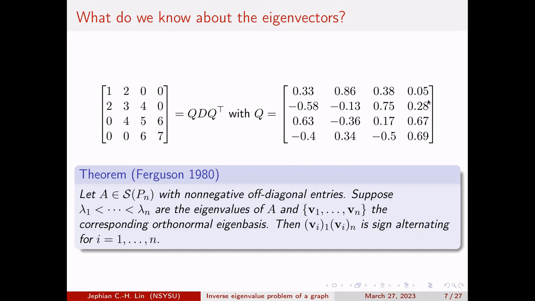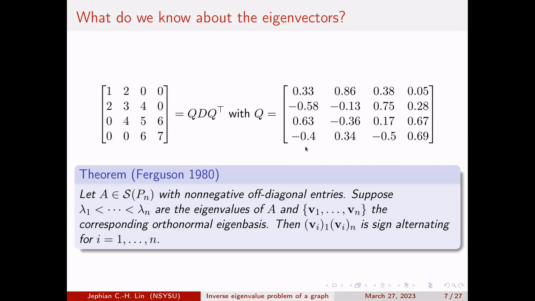And you see this is actually the Perron eigenvector, the Perron vector, right? It's all positive. But there is an interesting thing happening here. If you look at the first entry and the last entry, it is positive, negative, positive, positive, positive, negative, positive, positive. So it turns out that whatever matrix you give me here, in the corresponding matrix of eigenvectors from left to right, the product of the first entry and the last entry will change sign alternatingly.